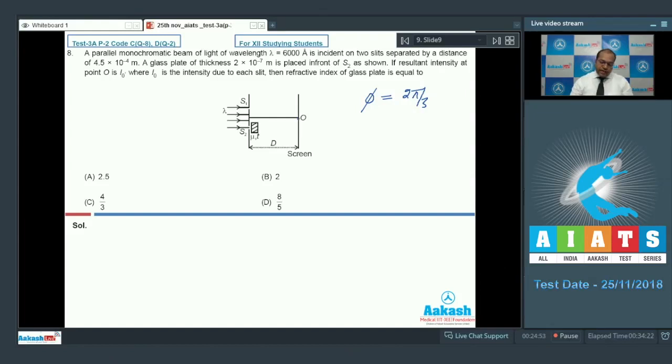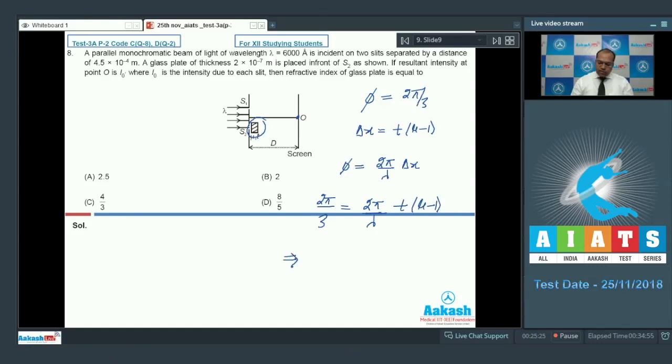If I write the path difference at this point, the path difference delta x is due to the introduced glass plate, and that is equal to t into mu minus 1. So the phase difference phi is equal to 2 pi by lambda into path difference delta x. If I substitute, 2 pi by 3 is equal to 2 pi by lambda into t into mu minus 1.